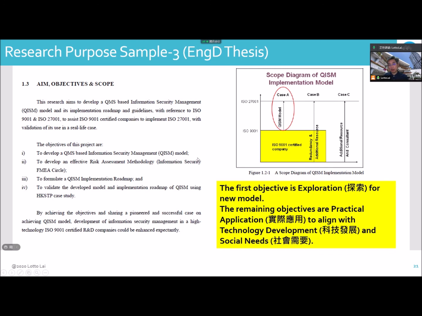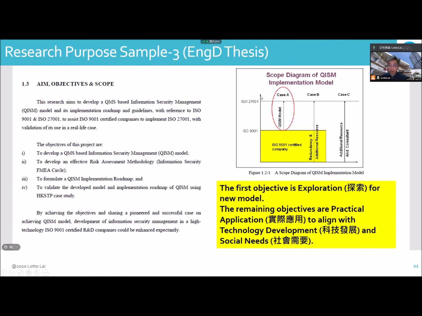There are aimed objectives and scope. The first objective is exploration of a new model, because it was a new model at the time. The remaining objectives are practical application, aligned with technology development and social needs.